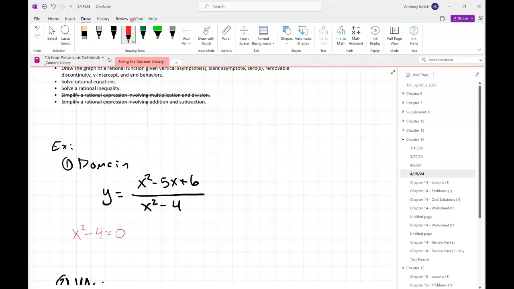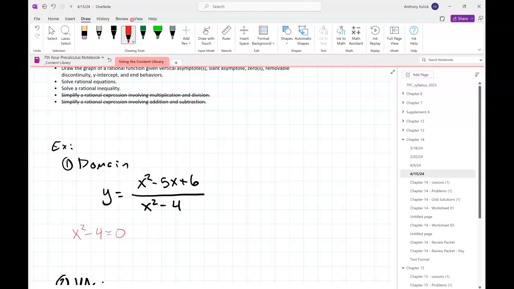Everybody good? How do I solve x squared minus 4 equal to 0? So you could do this two ways. You could solve the quadratic directly, since there's only one kind of x in x squared. Or you could factor. I like the factoring route, but it's not wrong to do it the other way. The catch with the other way, though, is you have to remember the plus or minus when you square root both sides, and that's an easy thing to forget.